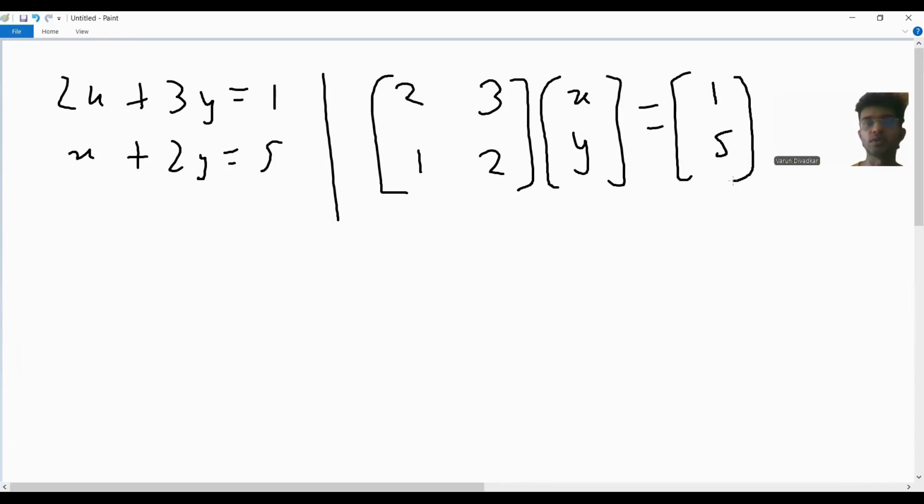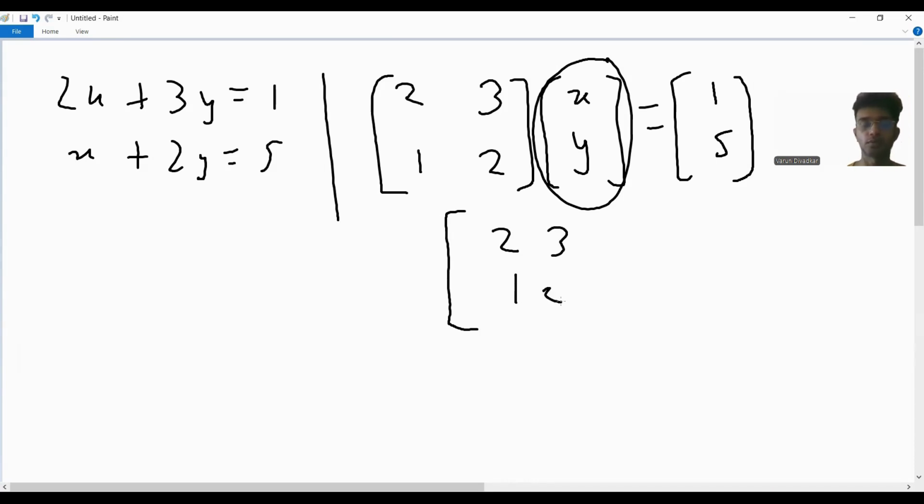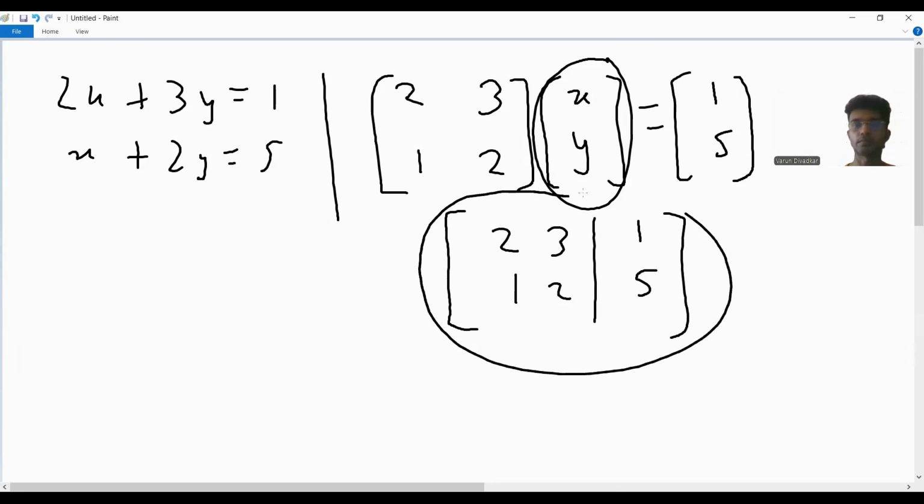Typically we hide the x and y and write it in augmented form: [2, 3; 1, 2 | 1, 5]. This is how we use it to solve the equation. So this is augmented form.